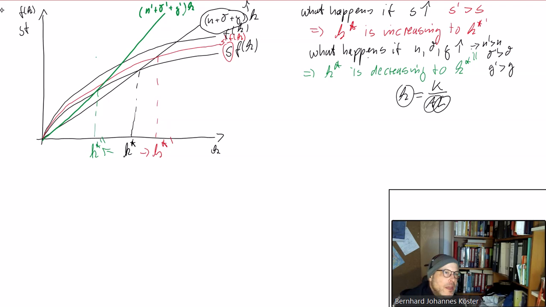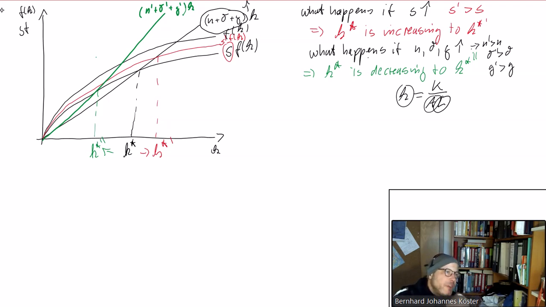And also if the depreciation rate, delta, is increasing, what does this mean for the economy? Then every period we need more production to just hold our level of capital in our economy.